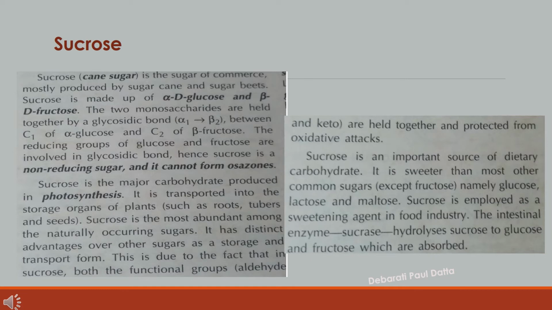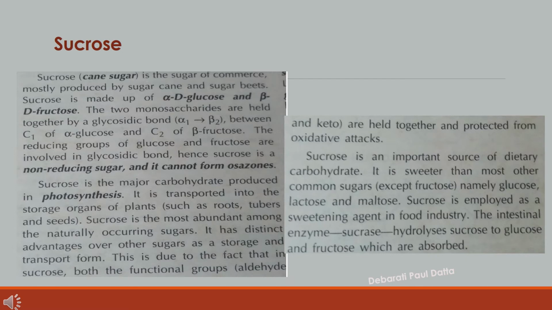Now sucrose, which is also known as cane sugar, is a sugar produced by sugarcane. Sucrose is made up of alpha D glucose and beta D fructose, and they are held together by a glycosidic bond, alpha 1 and beta 2.